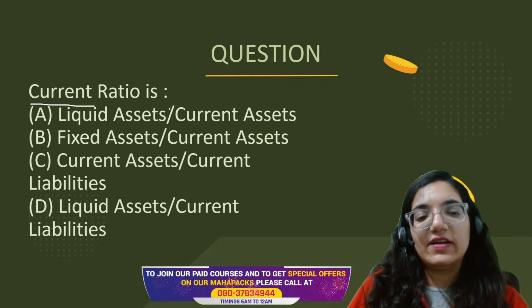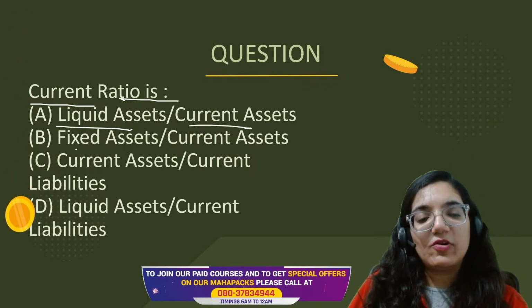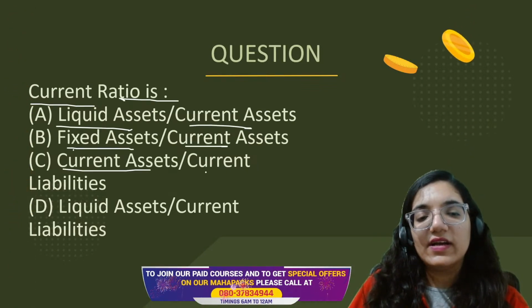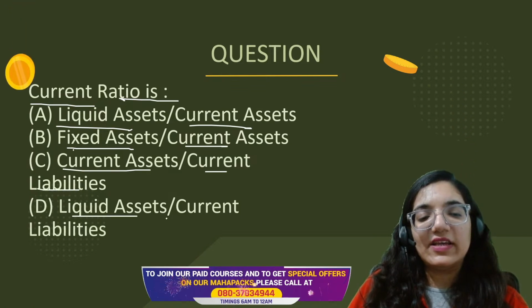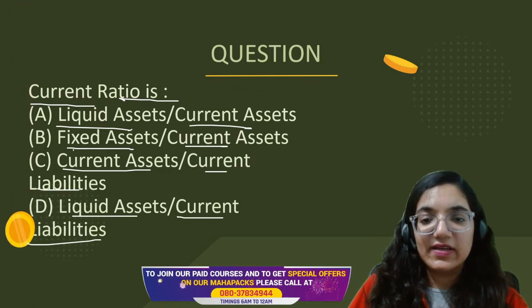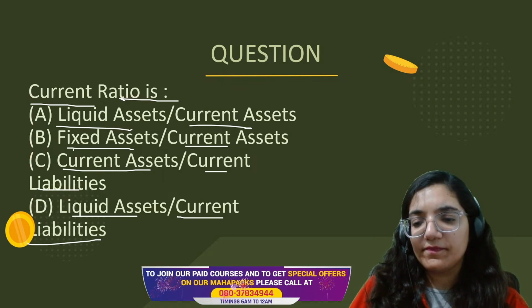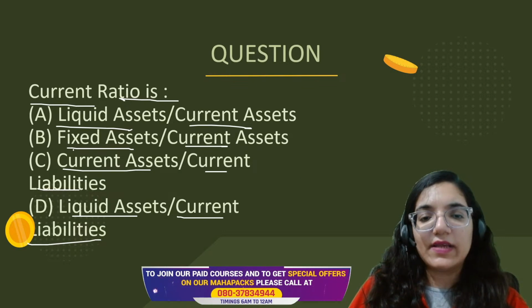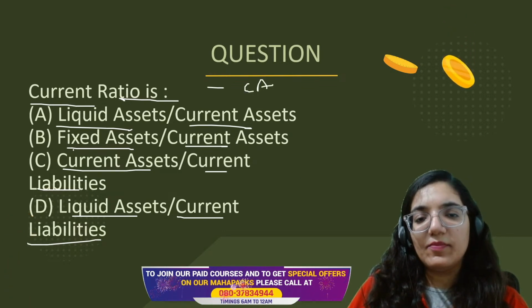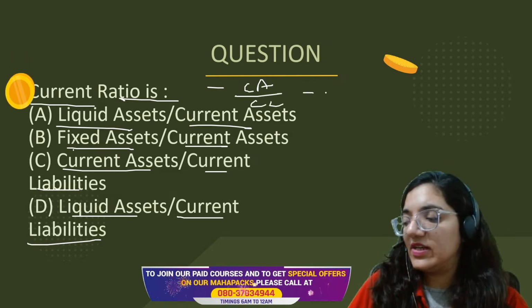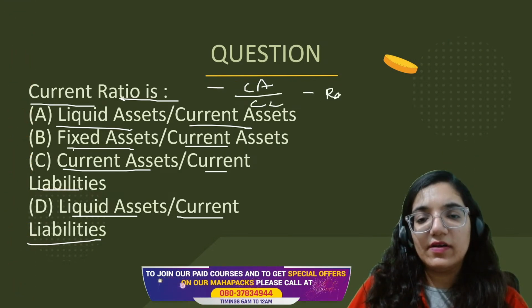Next ratio. Current ratio is liquid assets upon current, fixed assets upon current, current assets upon current liabilities, or liquid assets upon current liabilities. What would be the correct answer, everyone? Current ratio is CA upon CL, which is expressed in the form of a ratio.